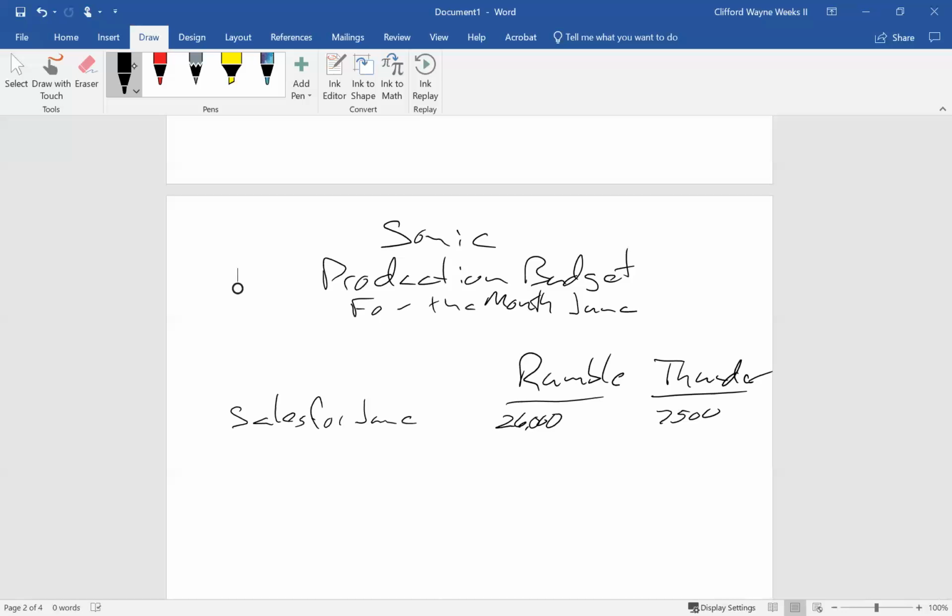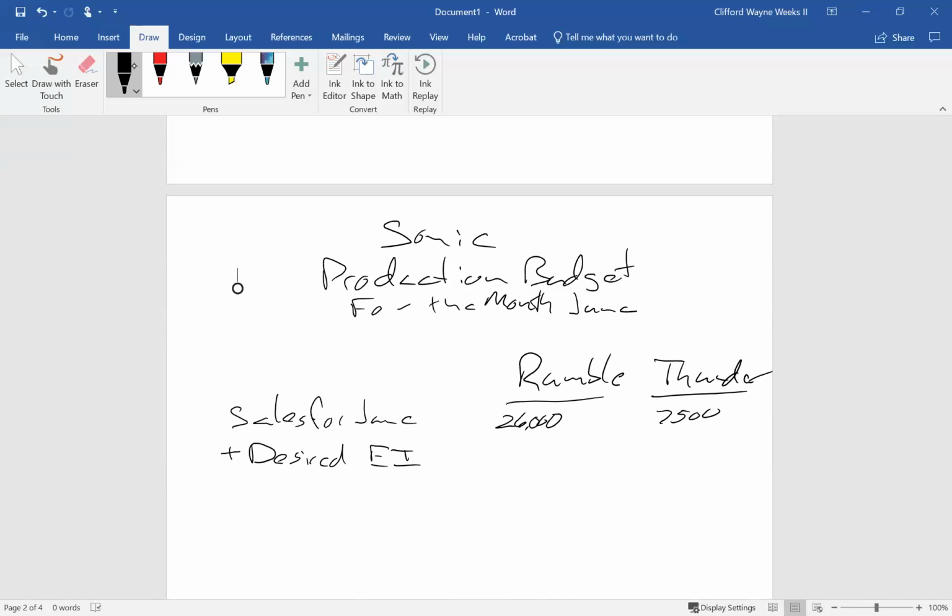And so that's what this production budget does. It says, this is what we anticipate that we're going to sell, and to that we're going to add the desired ending inventory. This is our cushion. And so they give us that information as of June 30th.